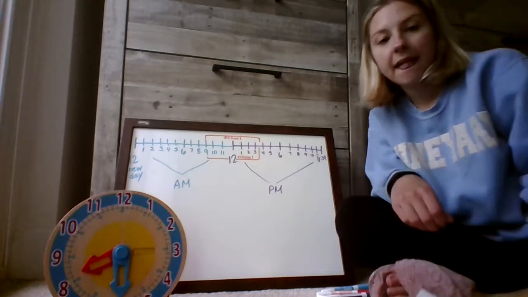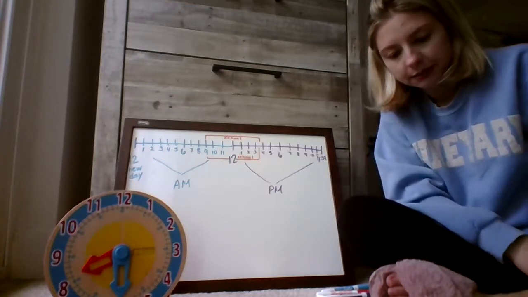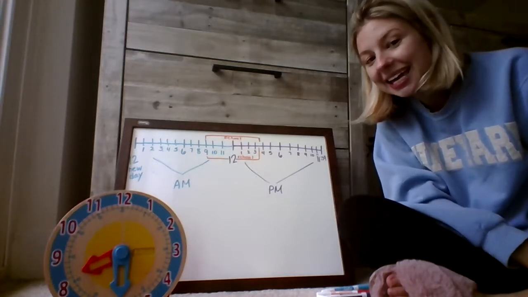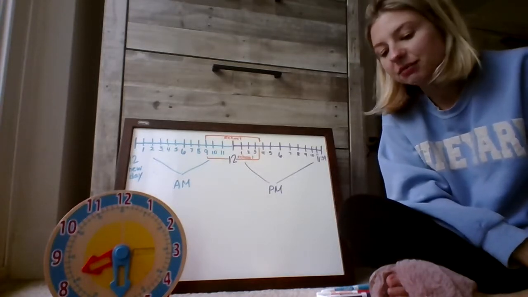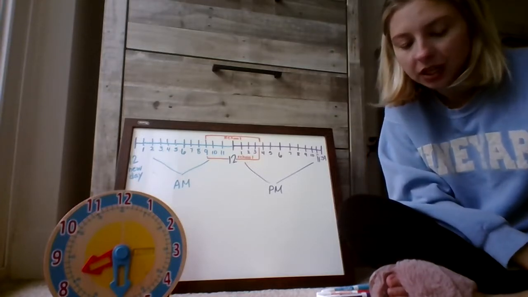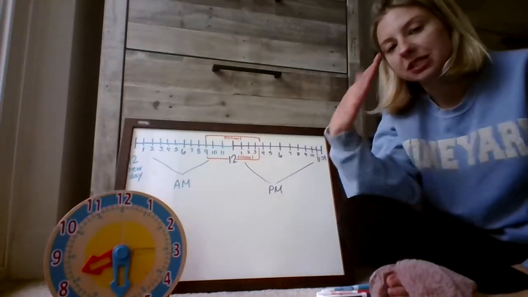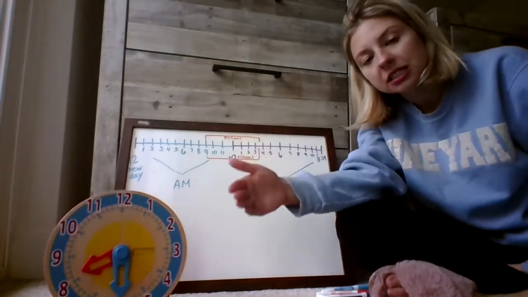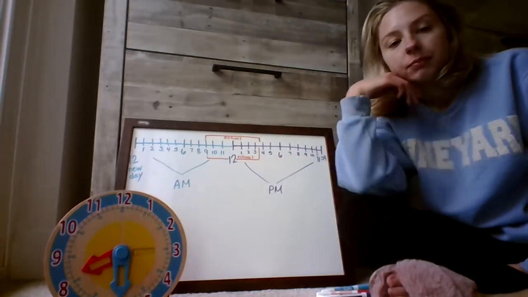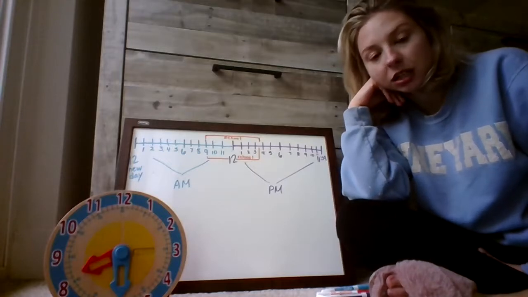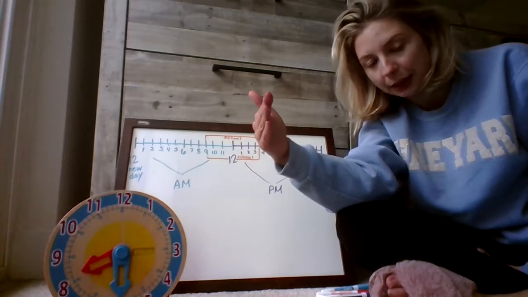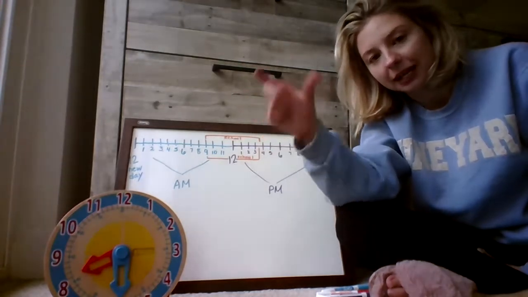The first question is, if I get up at 7 o'clock a.m. and I leave my house at 7:30 a.m., how much time has passed from 7 to 7:30? Let me say that again using AM and PM. If I wake up at 7 o'clock a.m. and I leave my house at 7:30 a.m., how much time has passed?